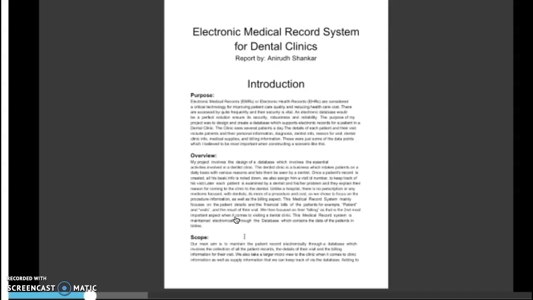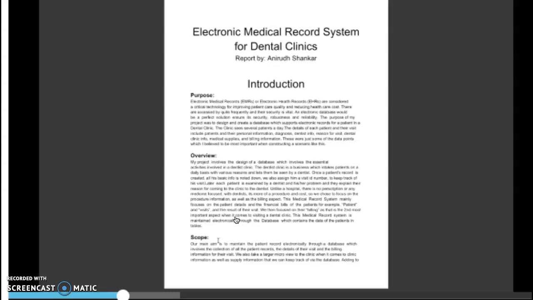A couple of things I wanted to customize the project with were incorporating more information about the dental clinic, about medical supplies, and adding some new features with billing information. What really sets my project apart from the examples that we were given was implementing different tables to complement the scenario that I envisioned.